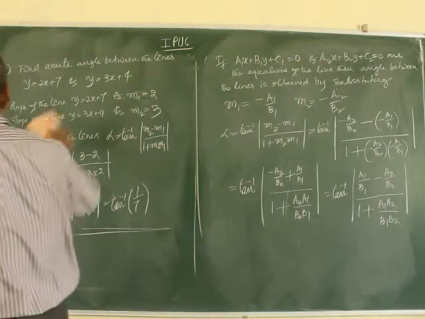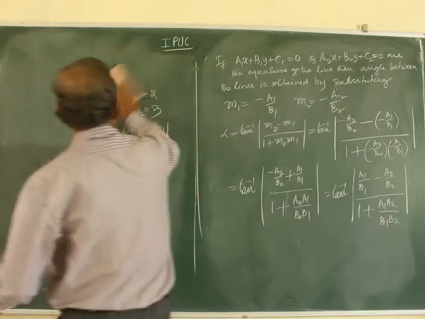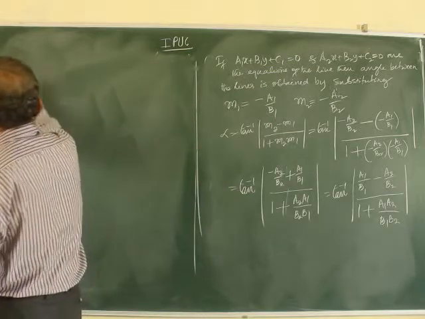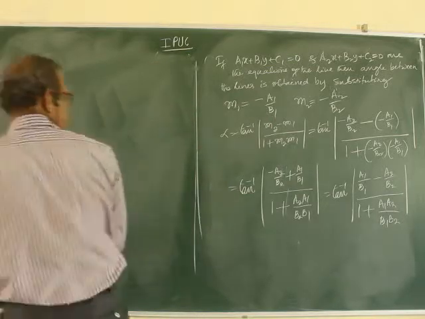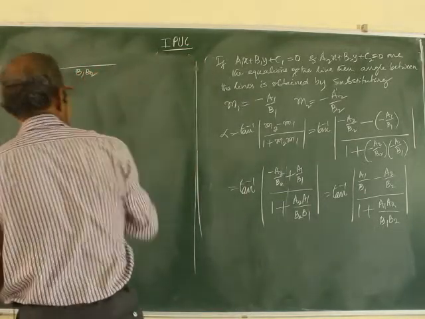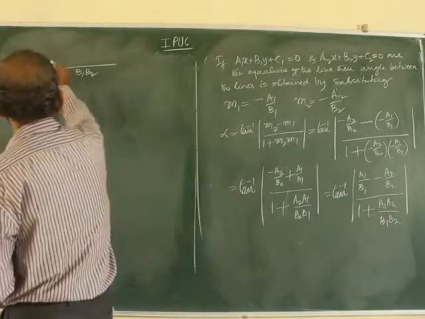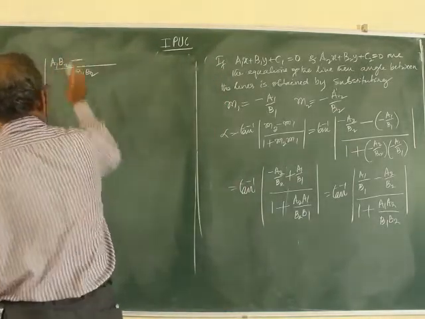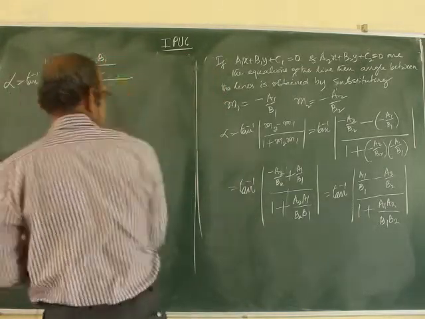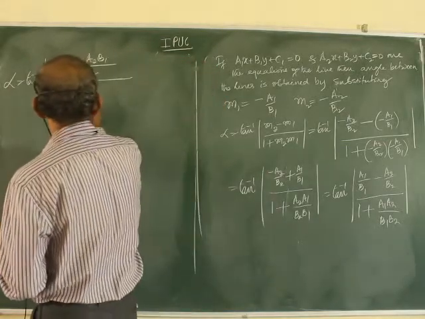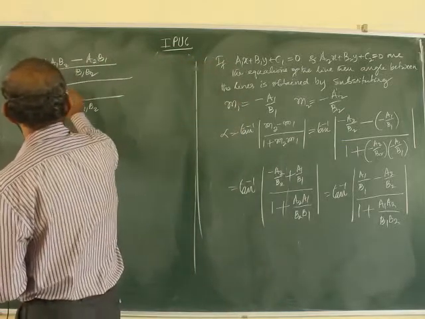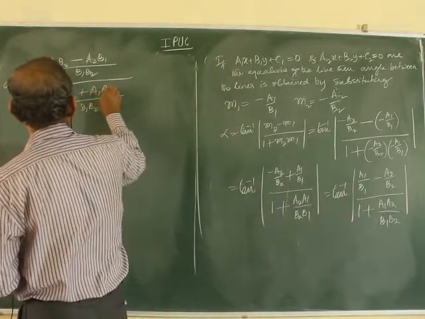You get one more formula. See, alpha equal to tan inverse of common denominator b1 b2, a1 b2 minus a2 b1, divided by, again common denominator b1 b2, b1 b2 plus a1 a2.